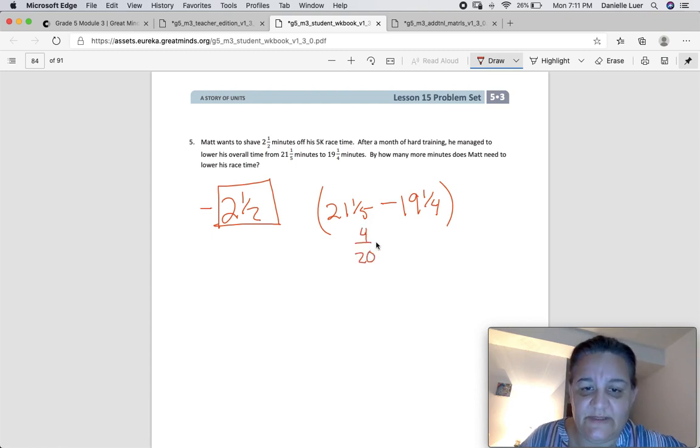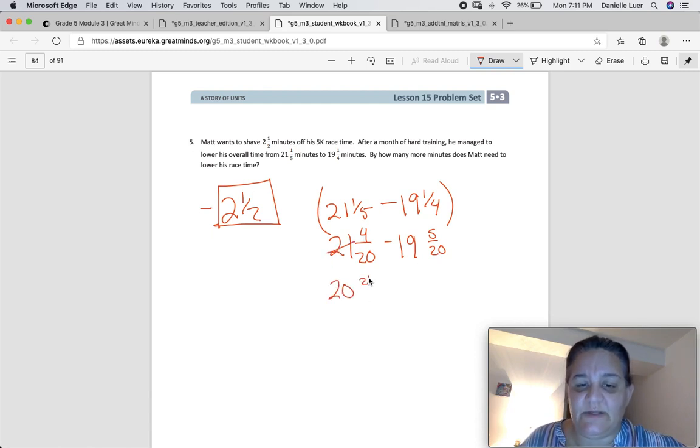1/5 would be 4/20, and 1/4 would be 5/20. Okay, so we're definitely going to need to borrow. So this is going to turn into 20 and 24/20 minus 19 and 5/20 equals 20 minus 19 is 1. 24 minus 5 is 19/20.